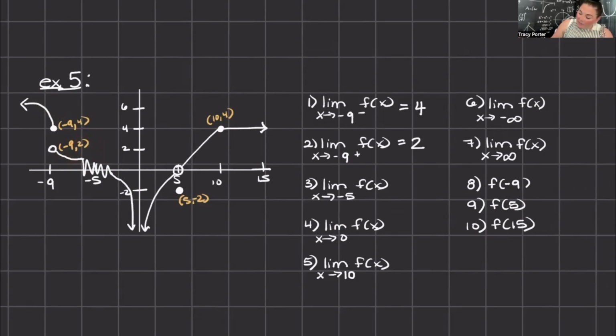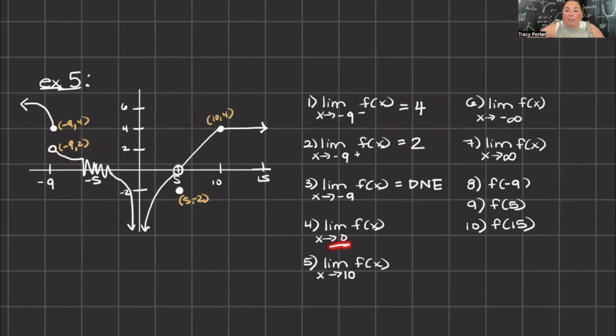Now, the limit at, sorry, this one I think is supposed to be a -9. So the limit at -9, your left and right hand limit are not equal. So the actual limit, we would say here, does not exist. Now let's look at 0. Okay, what's happening at 0?